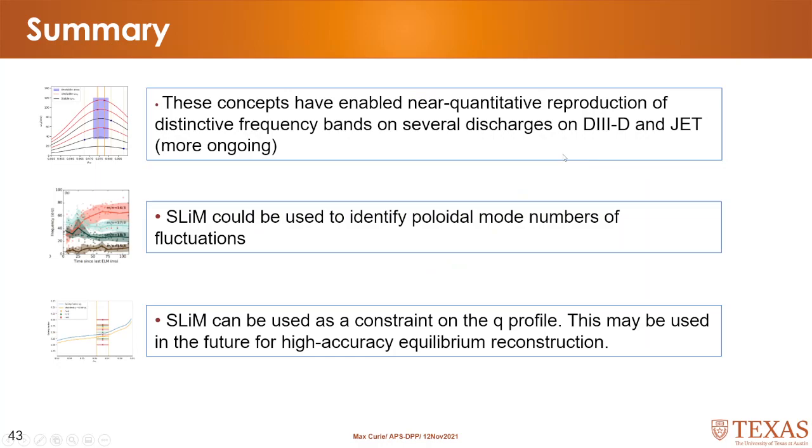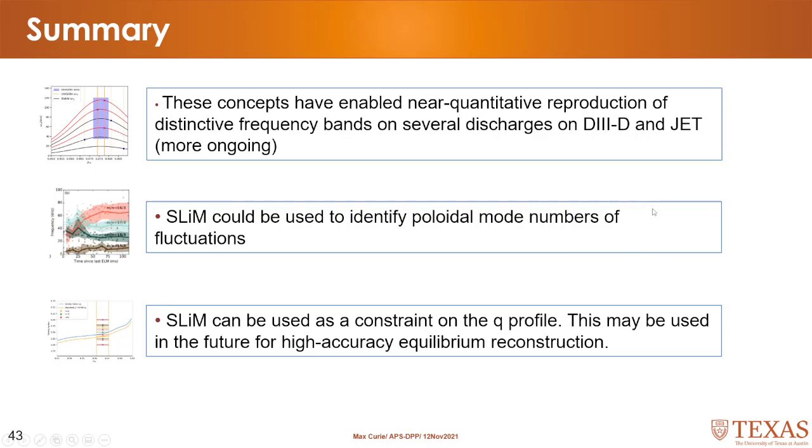In summary, the concept of aligning the rational surface to the peak gives us the ability to have a near quantitative reproduction of the distinctive frequency band in several discharges in D3D and JET, and we have more case studies ongoing. So SLiM gives us the chance to identify the poloidal mode number of the magnetic fluctuations.